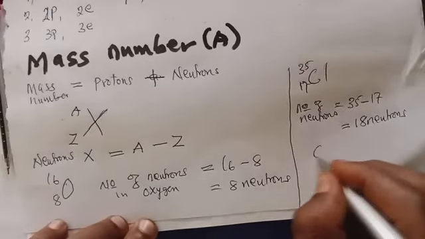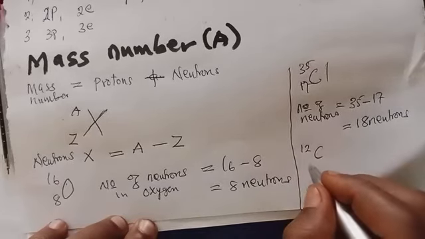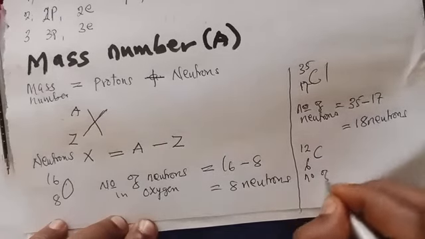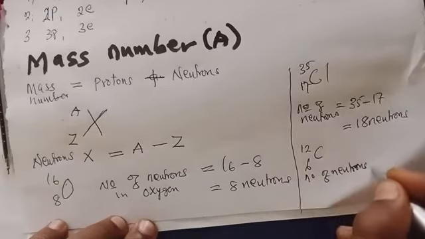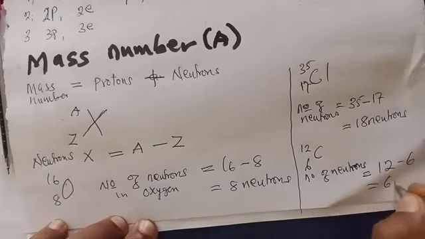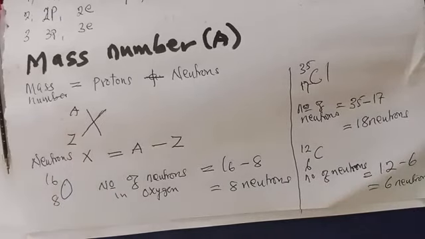We have carbon 12 and atomic number 6. Number of neutrons will be equals to 12 minus 6. That will be equals to 6 neutrons. So that is how to calculate the number of neutrons from the given details of an atom. So that is the atomic structure and associated numbers.